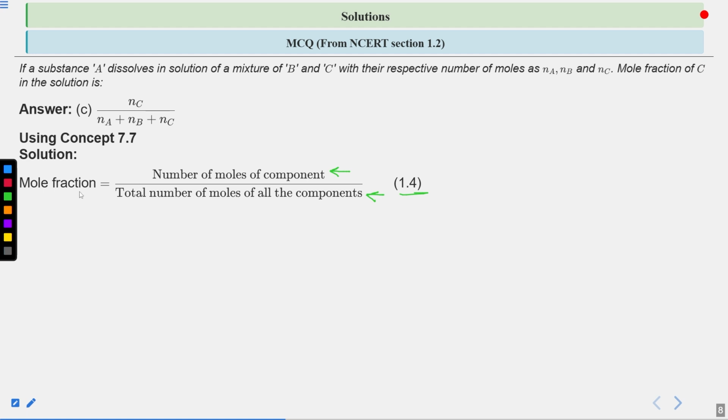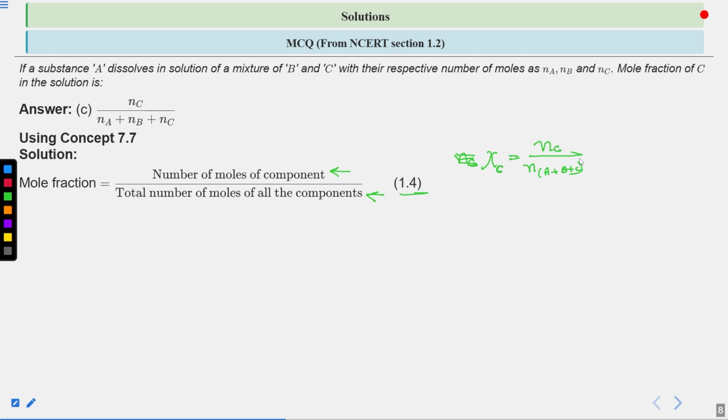In this question we are asking about the mole fraction of C. The symbol for mole fraction is chi, so we write chi C. The mole fraction of C will be equal to the number of moles of C divided by the total number of moles of all the components, that means n for A plus B plus C. The sum of all the moles present inside our solution for all the components will be in our denominator.